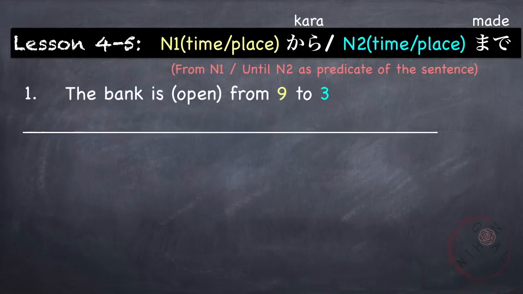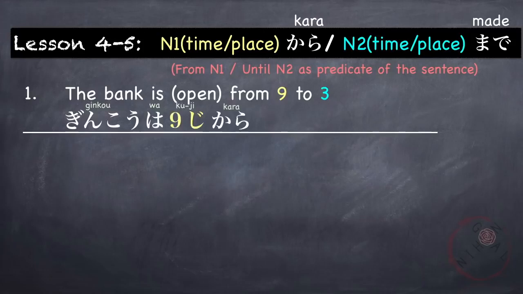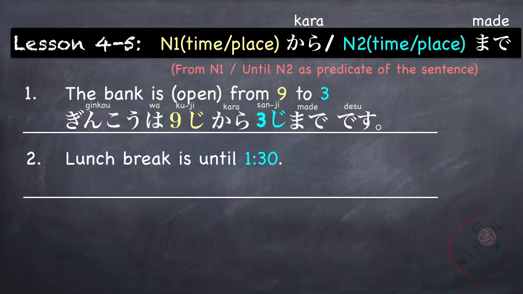For example, the bank is open from 9 o'clock to 3 o'clock. Bank is 銀行。銀行は9時から3時までです。The bank is from 9 to 3. Another example, lunch break is until 1:30.